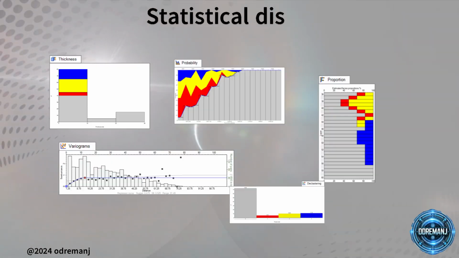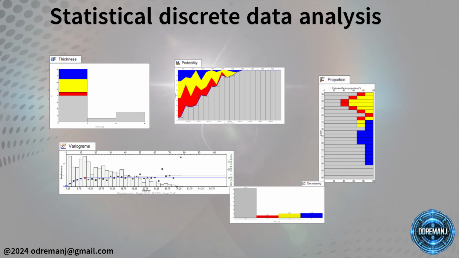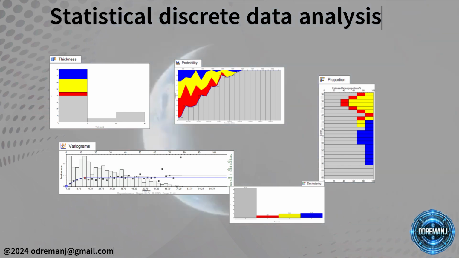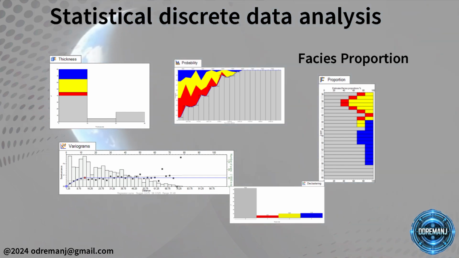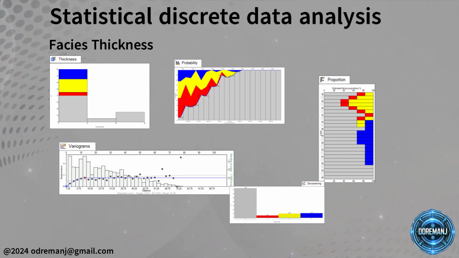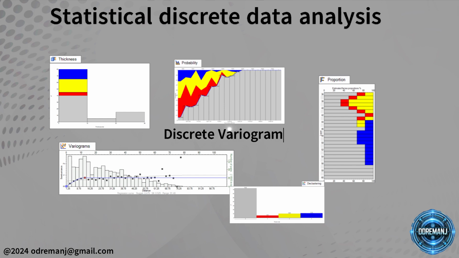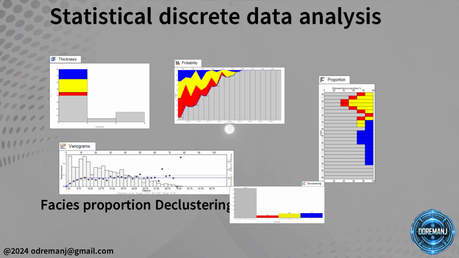The image presents the statistical discrete data analysis available in Petrel, a tool used for modeling geological facies. The key functionalities include facies proportion, vertical facies variation, facies thickness, thickness of individual facies intervals, facies probability, calibration with secondary attributes, discrete variogram, spatial facies continuity, facies proportion, declustering, reducing sampling bias.